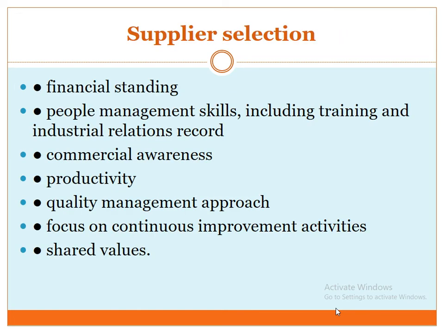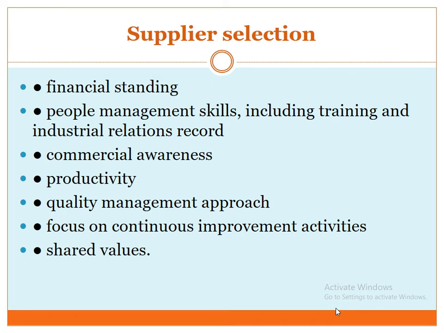Then how are we going to do the supplier selection? One of the key decisions for a procurement function is the selection of the suppliers, particularly those who are to undertake the critical elements of the supply networks and supply chains.